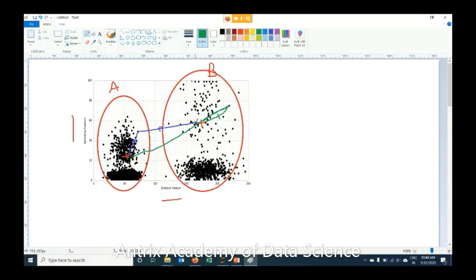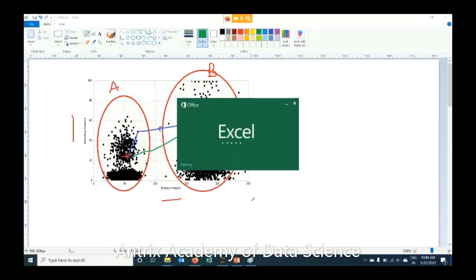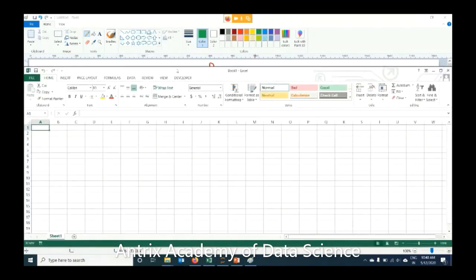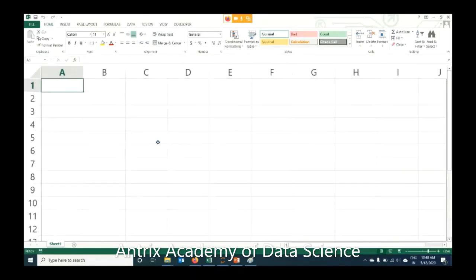For identifying these centroids, the algorithm will start with some random values to calculate the centroids. Let me take one example. I have a sheet with me, and we are putting in some numbers.